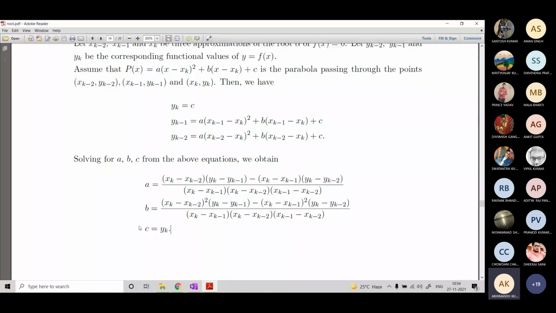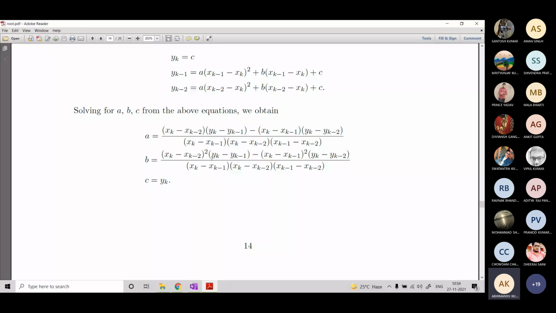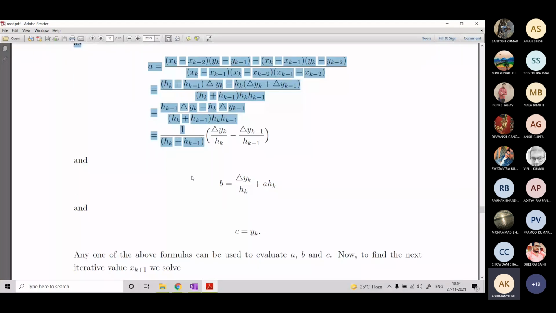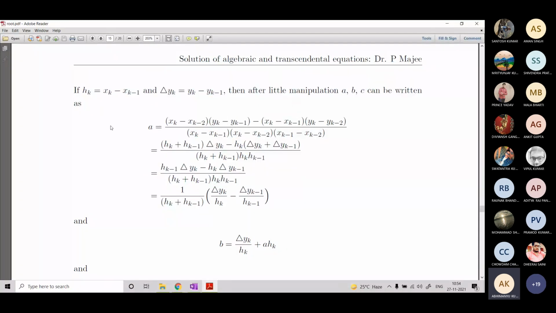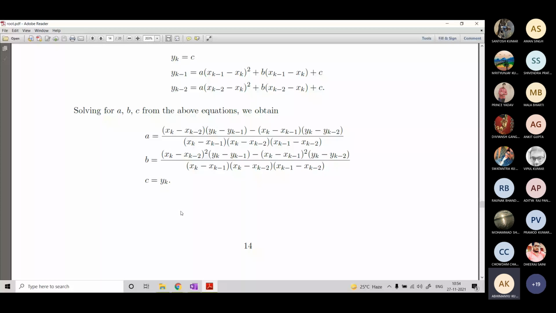If you wish, you can make this expression for a, b, c a bit simpler by this substitution. You go through it, you will understand the shortest formula for a, b, c. If you wish, you can remember this one. It is not hard to remember, because if you remember a, from there you can remember b, as only in two places there are changes. Two squares are there, and c is very easy to remember.